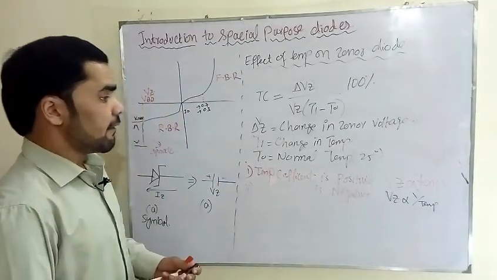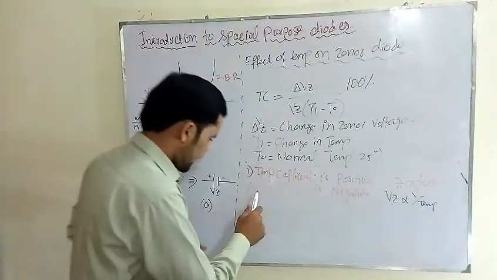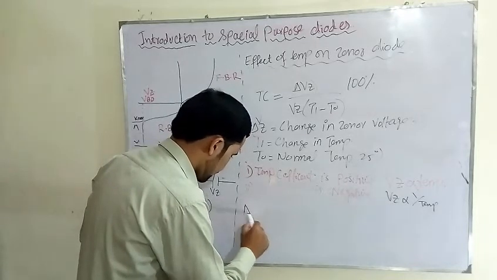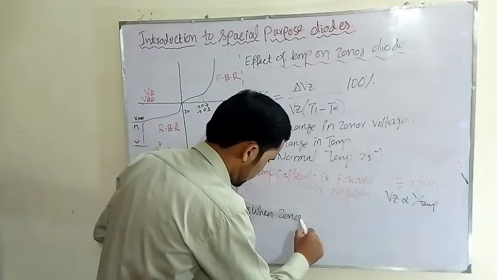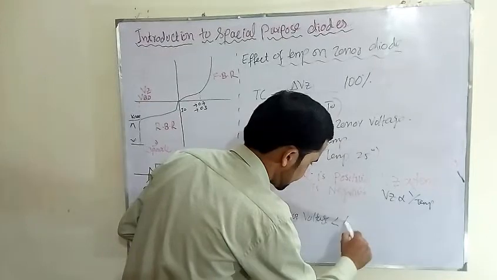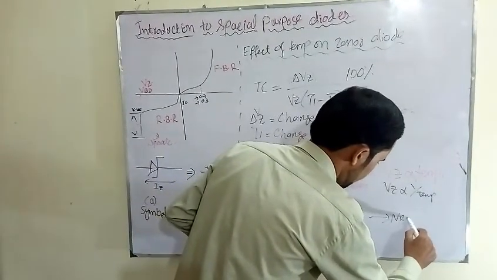When Zener voltage is less than 6 volts, it has a negative temperature coefficient.